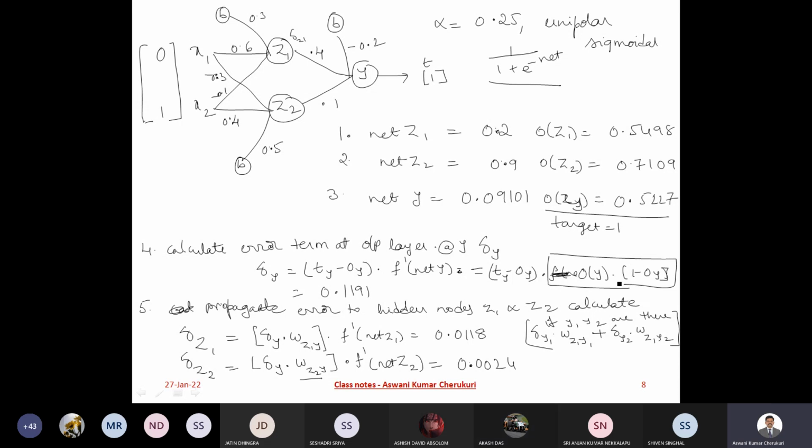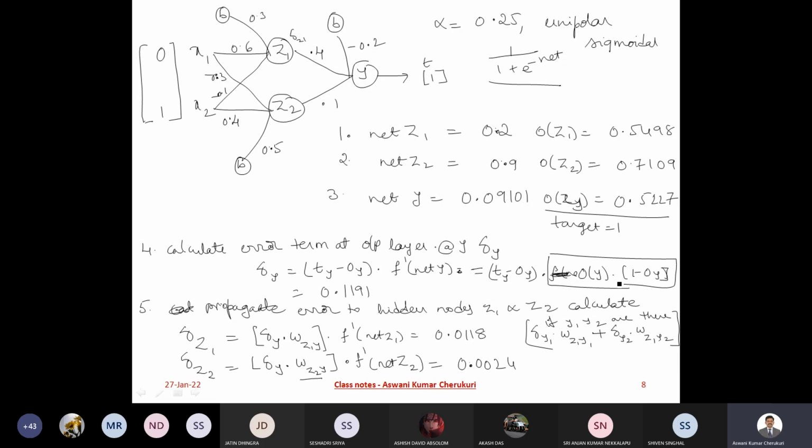Remember this f dash net is for the activation function 1 by 1 plus e power minus lambda net. If your activation function is 1 minus e power minus net by 1 plus e power minus net, then the derivative gets changed. Depending upon your activation function, your derivative accordingly gets changed because you are differentiating the activation function with regard to the weights. That's the reason why you are taking dou by dou w.